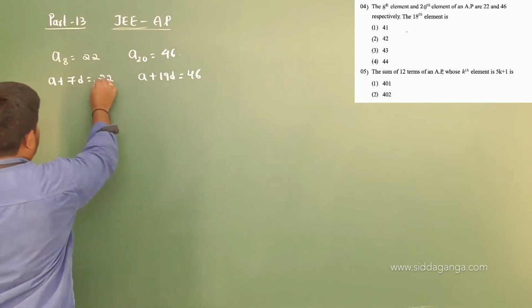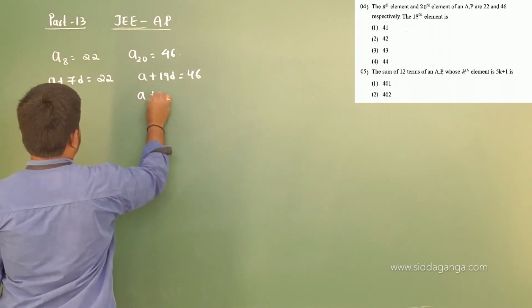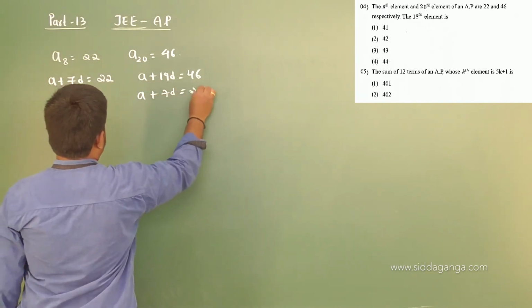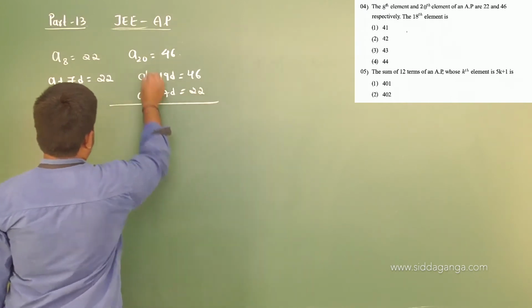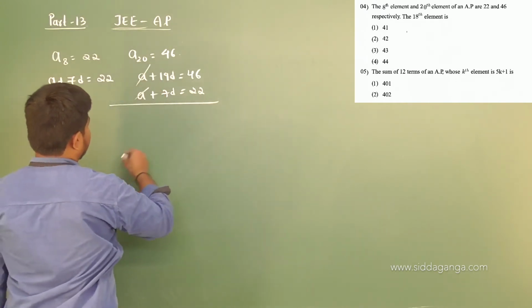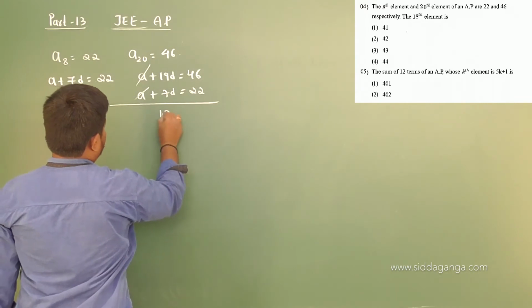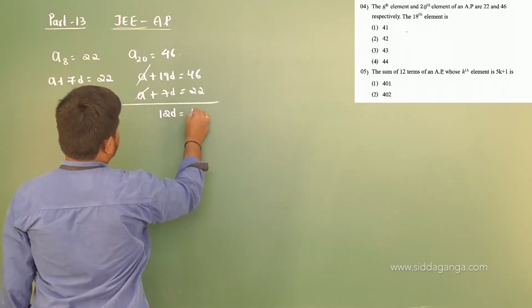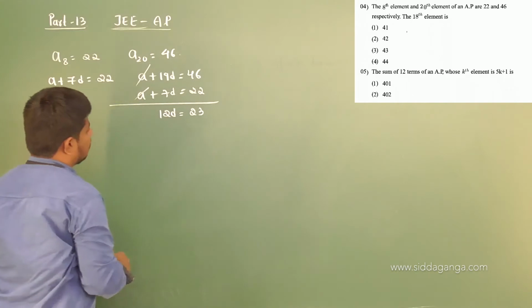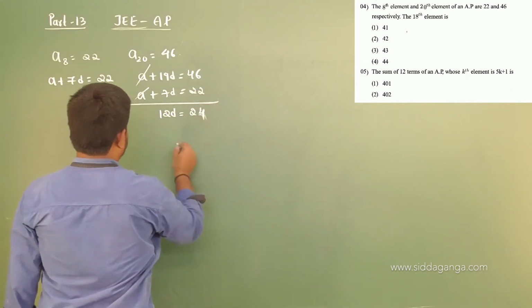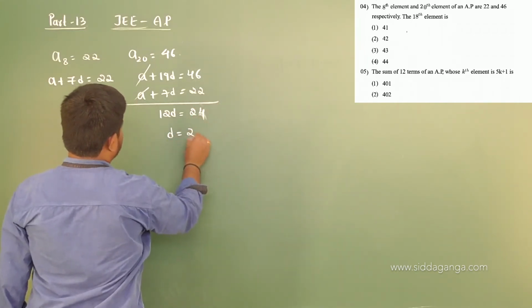Let me subtract one from the other. On subtraction, A gets cancelled. 19 minus 7, so 12d is equal to 24. So d is equal to 2.